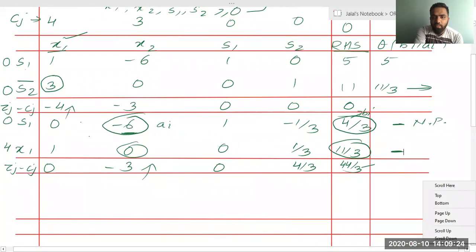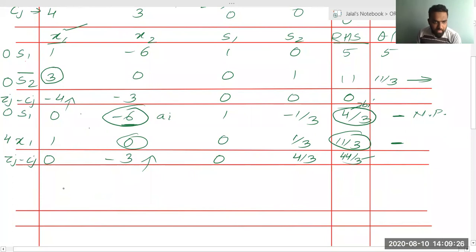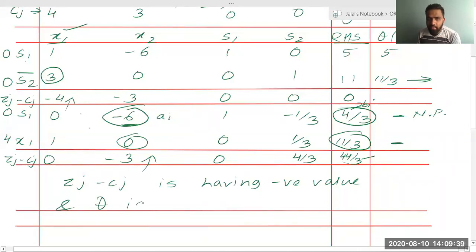Here what is happening is, you know that Zj minus Cj is having negative value, and what did you find? Theta is not possible. Such kinds of solution, you don't have to worry whether I am getting the solution to terminate.